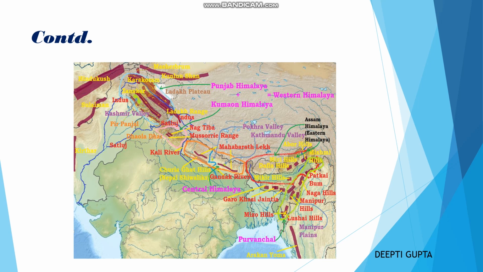Moving towards the south, the second portion just behind the Inner Himalayas is the Lesser Himalaya or Himachal, and the last one is your Shivaliks. Here you can see Pir Panjal, Dauladhar, Mussoorie ranges and Mahabharat.